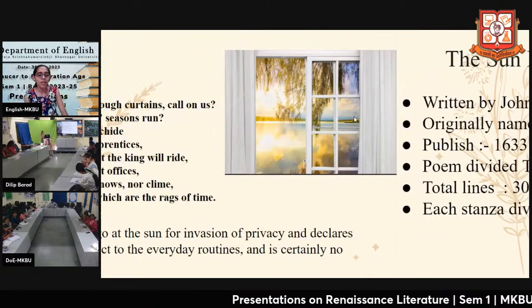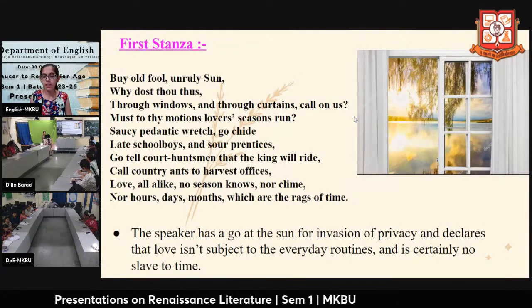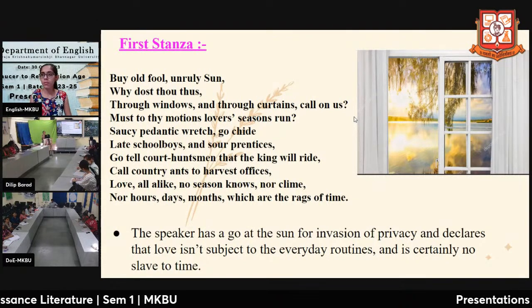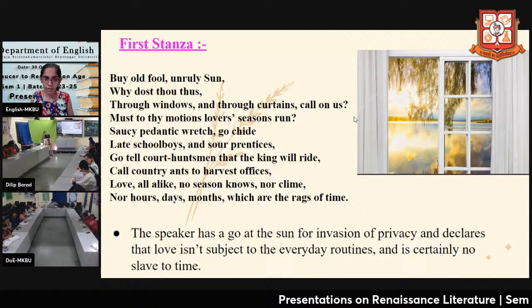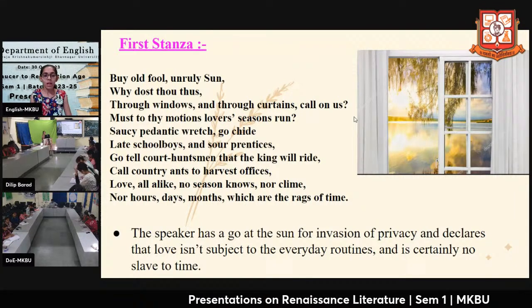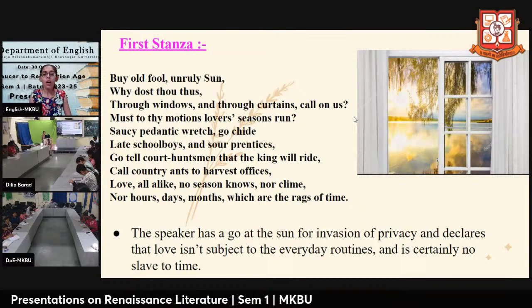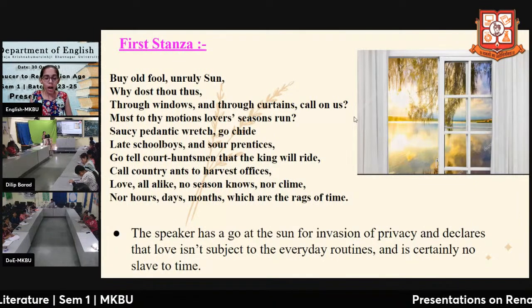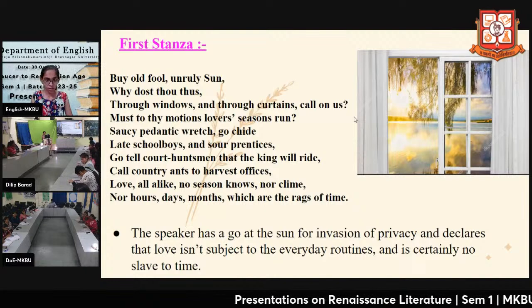First stanza, the speaker says, "Sun, why are you disturbing my beloved through windows and curtains? You should first go to the schoolboys, court huntsmen and farmers. You tell and wake up those."